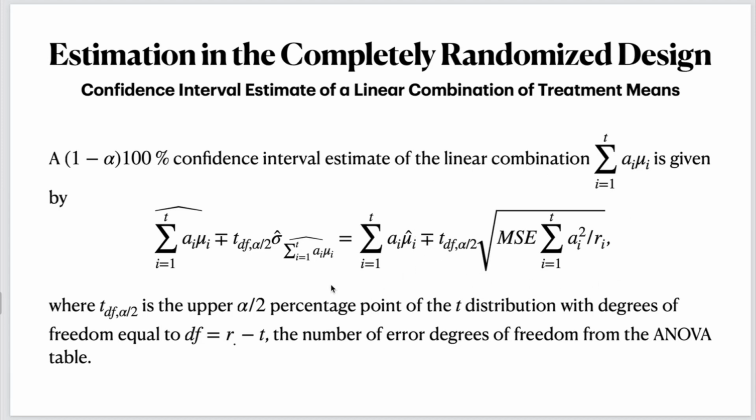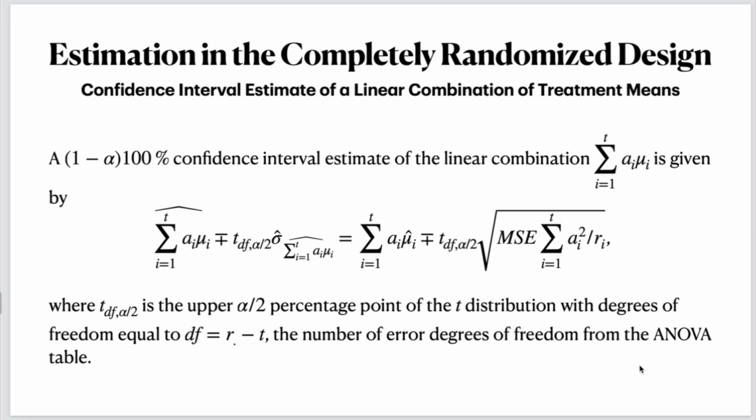The number of degrees of freedom associated with the interval coefficient from the t-distribution is equal to the number of error degrees of freedom from the ANOVA table, which is the number of degrees of freedom associated with our estimate of sigma squared.